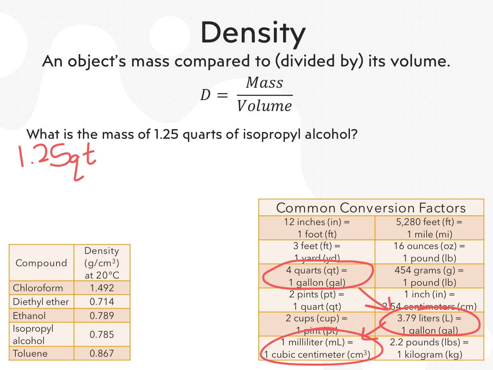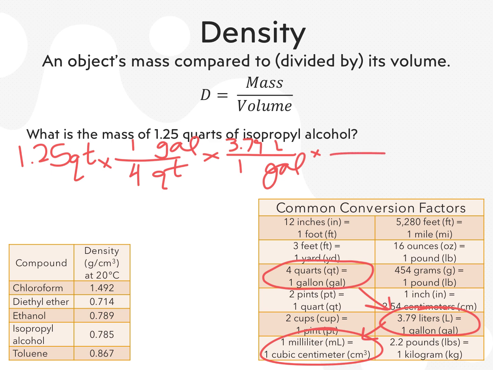Milliliters to centimeters cubed. So starting with quarts, going into gallons, there are 4 quarts in 1 gallon. Then I'm going to put gallons on the bottom, and I'm going to turn it into liters. There is 3.79 liters in a gallon. And then finally, liters to milliliters, there is 1,000 milliliters in 1 liter.